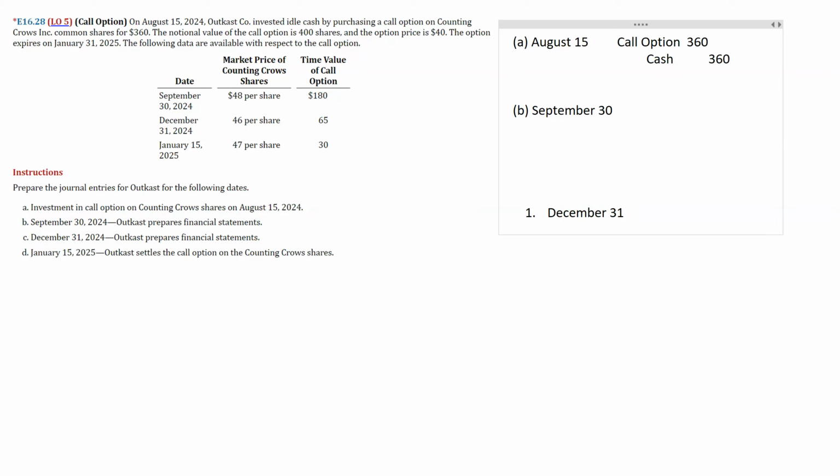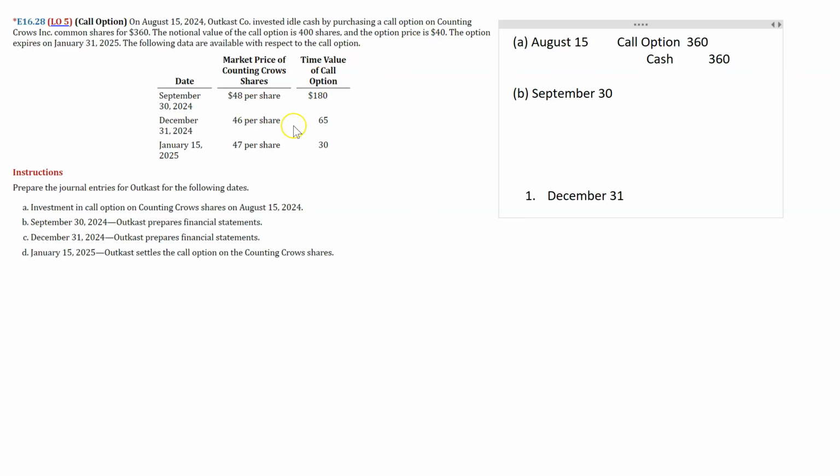Then on September 30th, they found that the market price of the share is now $48 per share. Option price is $40, so we will adjust it. So although we are not exercising or settling, actually not buying or selling shares, still the value of the option is increasing because the market price of the share is now 48, but we have the right to purchase those shares at lower price.